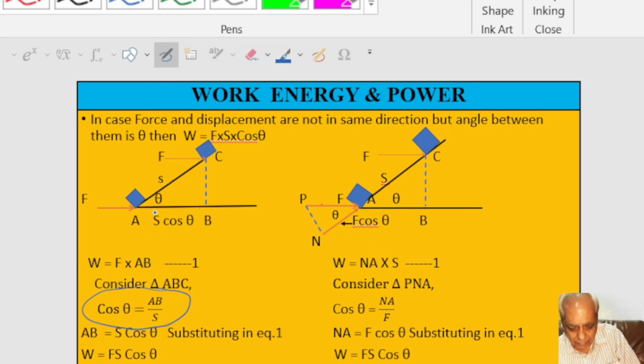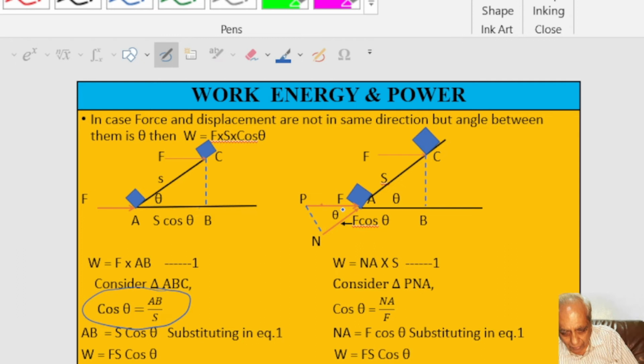Now in this case, I have taken displacement in the direction of force. I can also take force in the direction of displacement. That is shown in this next figure. The same, force F is horizontal, displacement AC is along an inclined plane, and this displacement is S, and the angle is theta between the displacement vector and this force vector. So now in this case, from P I am drawing a perpendicular in the direction of S. So PA is my force.